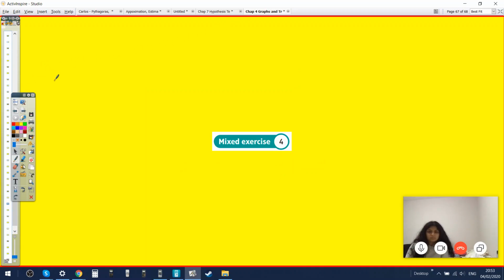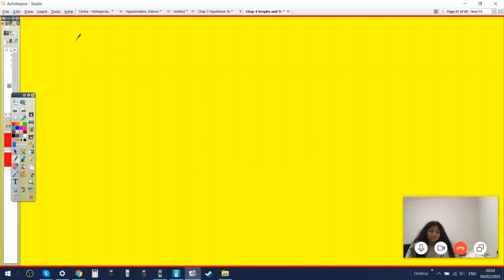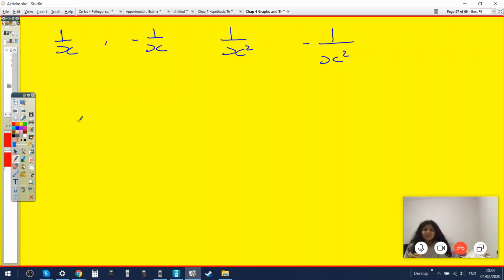So that's transforming functions. I don't think there's sketching graphs. Do you know your reciprocal graphs? Okay, so yeah, you always have your calculator, I suppose. 1/x².